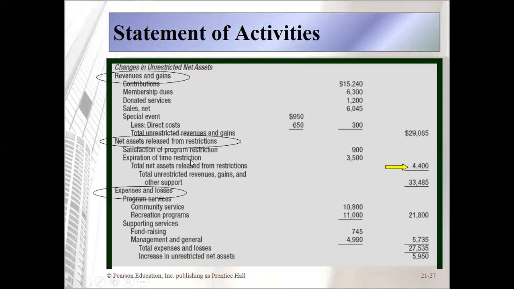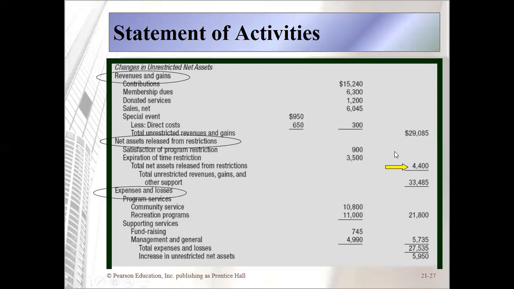So remember, if the temporarily restricted net assets' time and use restrictions have lapsed or been fulfilled respectively, then these temporarily restricted net assets as well as the restrictions would have to be released, and there will be a reclassification from such to unrestricted.